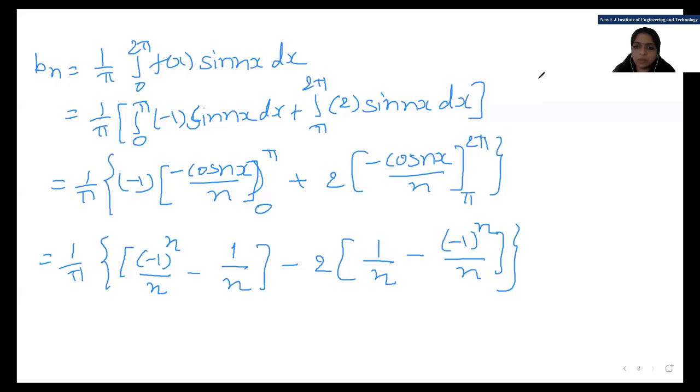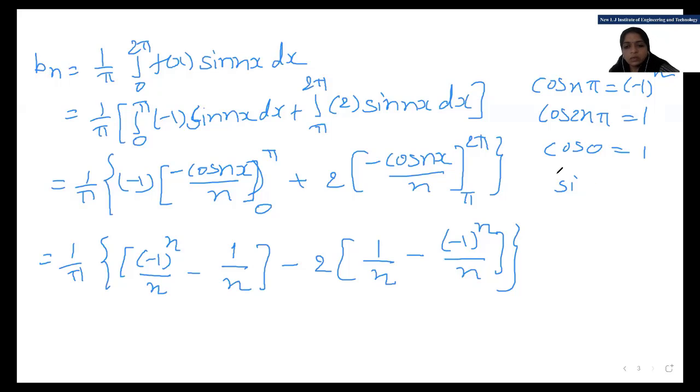Students, please remember, cos n pi is minus 1 raised to n, cos 2n pi is 1, cos 0 is also 1. And for sine, sine n pi, sine 2n pi and sine 0, all values are 0. These values will help you in the solution of the example.